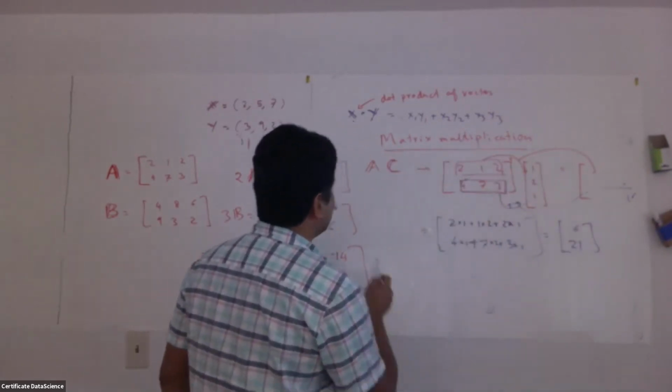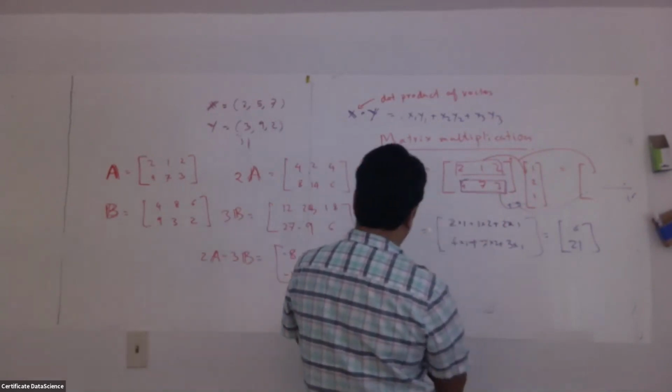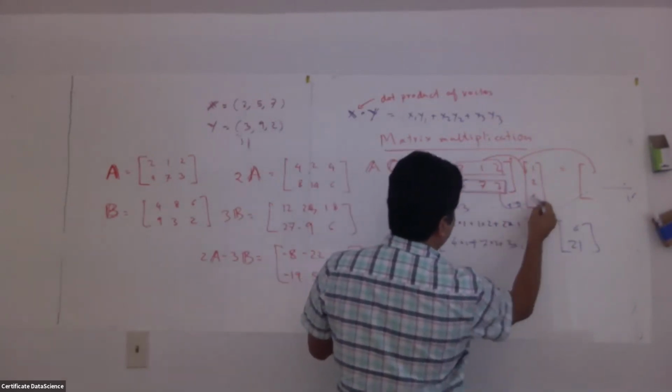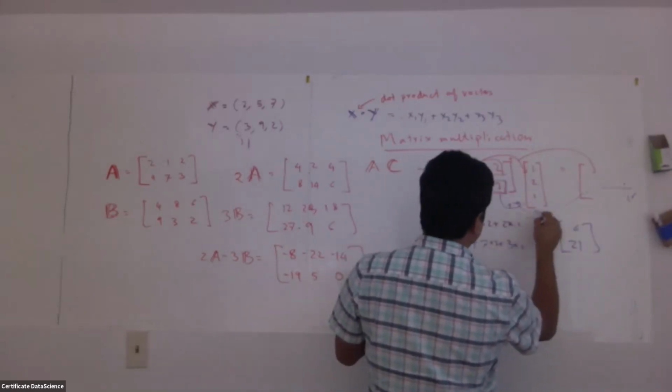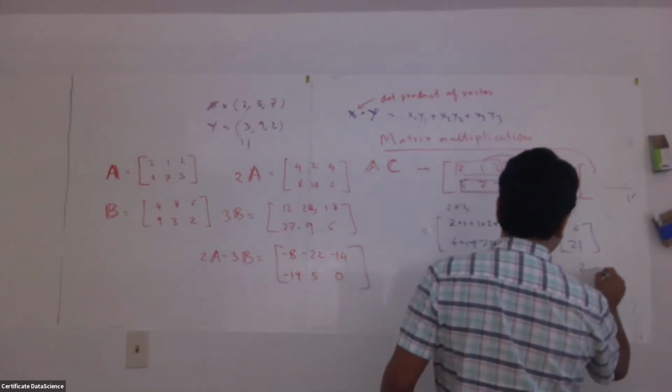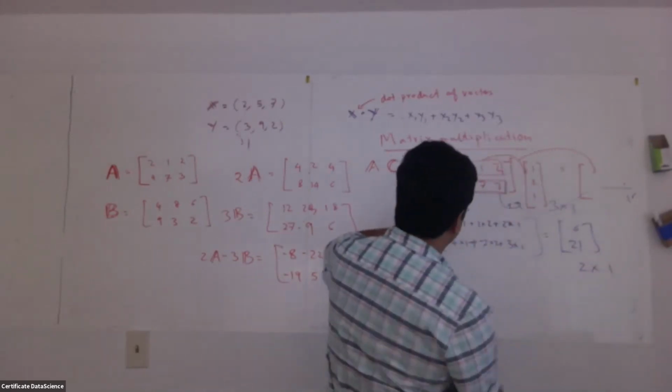Look at the dimension of the matrices here. Now, this is a 2 by 3 matrix, and this is a 3 by 1 matrix. And this is a 2 by 1 matrix. So that's the idea.